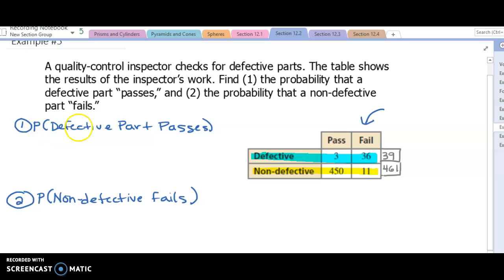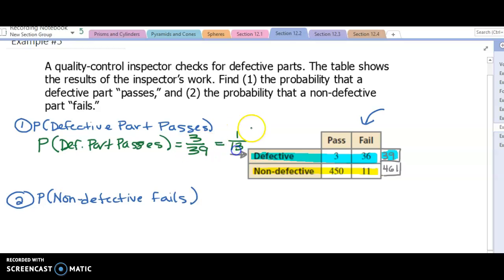So when I say what's the probability that a defective part passes, I'm only looking at the defective table. I don't care about the non-defective parts. That has nothing to do with whether or not a defective part passes. So out of a total of 39 defective parts, 3 pass. So the probability that a defective part passes is simply 3 out of 39, which reduces to 1 out of 13.